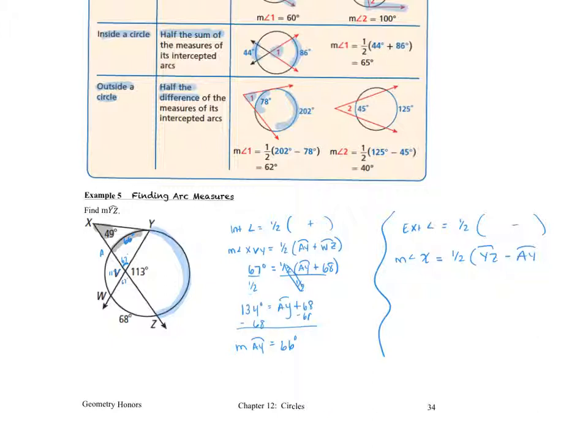So 49 degrees is equal to 1/2 of YZ, we don't know, minus 66 degrees. If you want, you can distribute the 1/2, or you can divide by 1/2 on both sides, which is really like multiplying by 2. So I get 98 equals arc YZ minus 66. Add 66 to both sides, and I get that the measure of arc YZ is equal to 164 degrees.